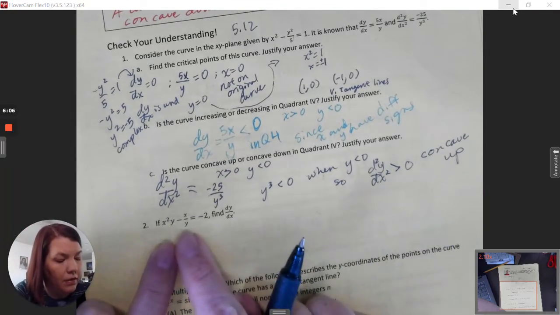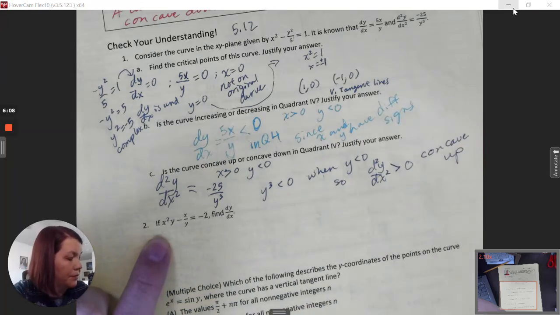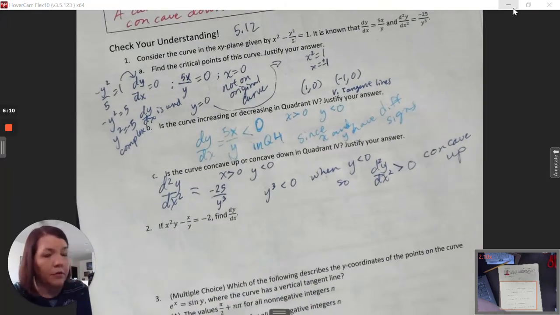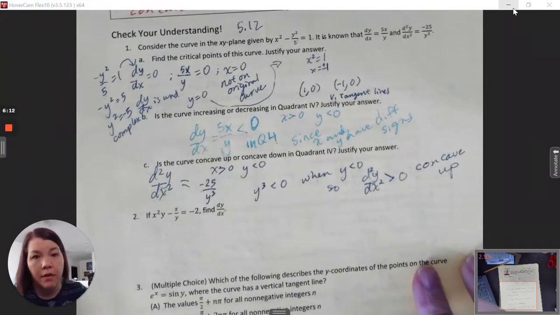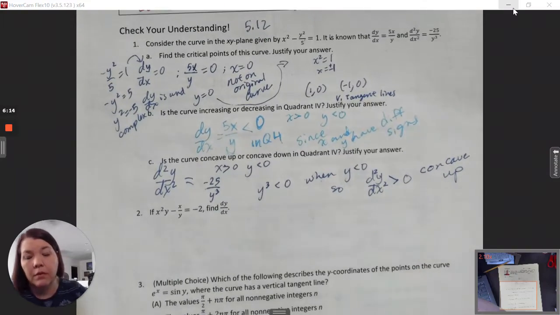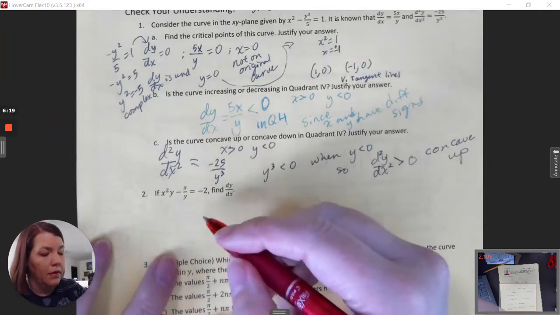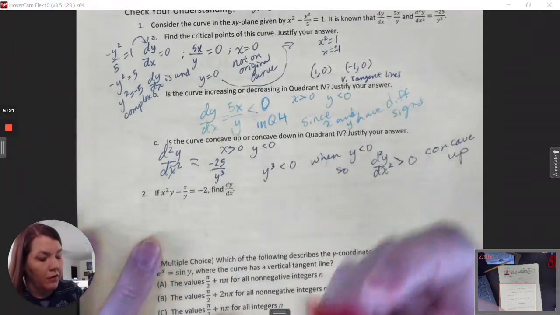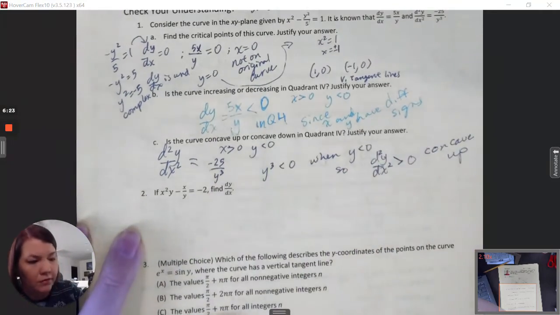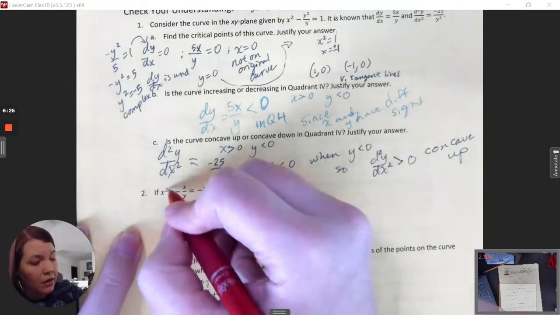Different problem. Just practice implicit differentiation, have fun.